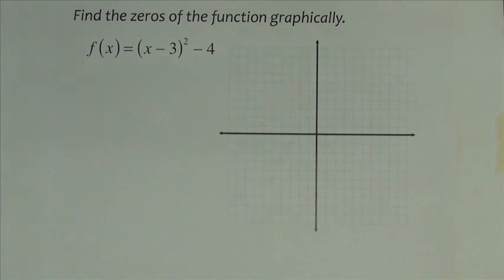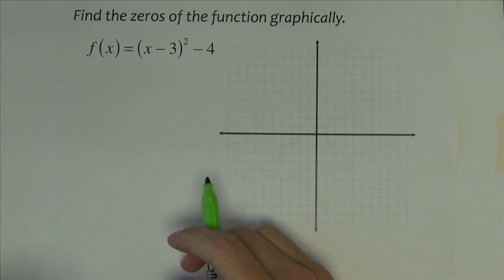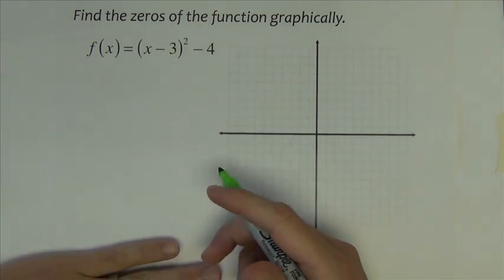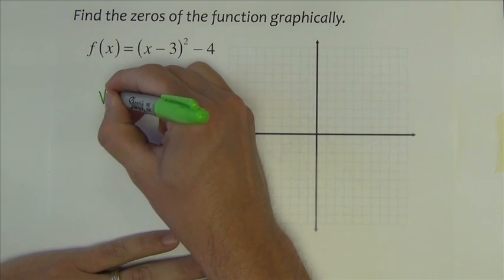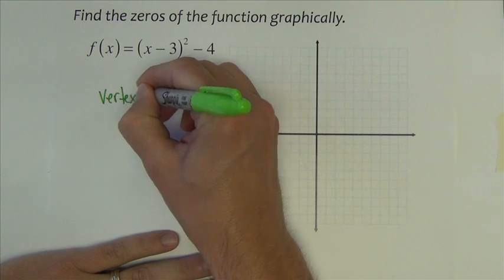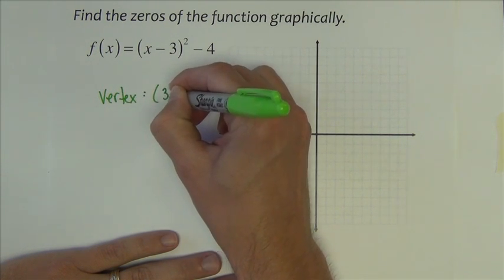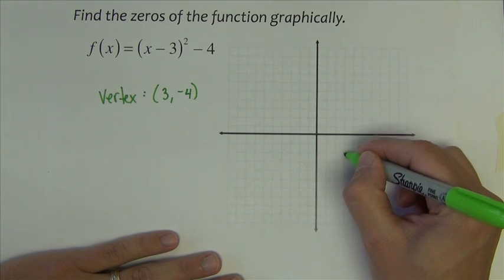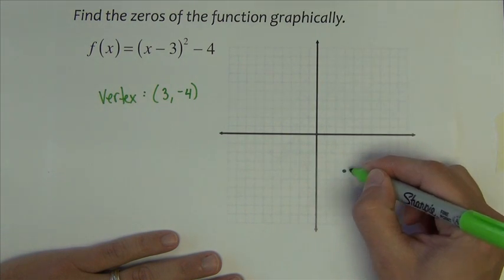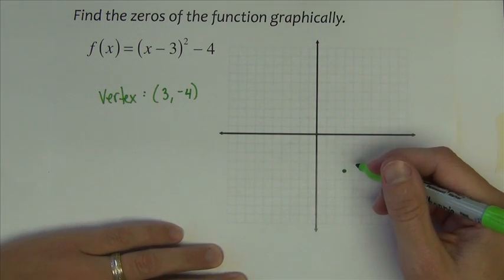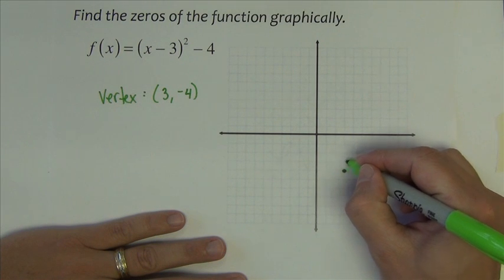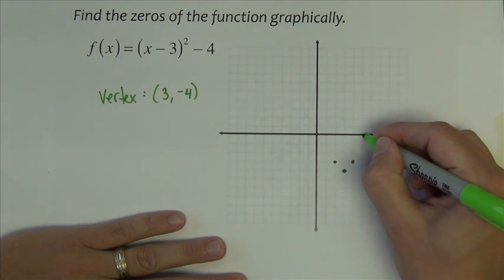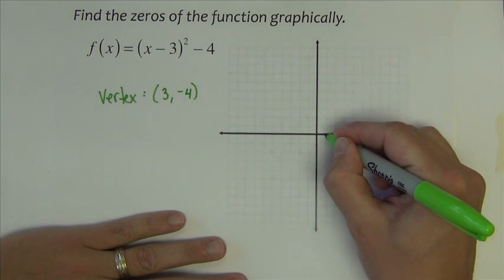Alright, finding the zeros of a function graphically. Well, we have to know how to graph it. That was the idea behind sections 5.1 and 5.2, is that we learn how to graph these functions. So the vertex for this function is going to be at positive 3, negative 4. Right there. And then my squaring pattern is 1 squares to 1, 2 squares to 4.